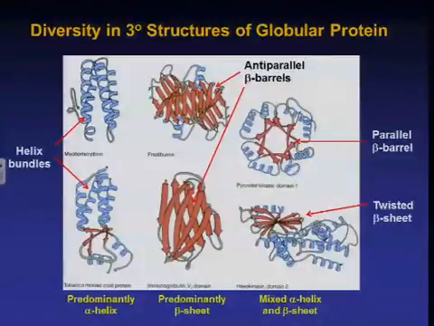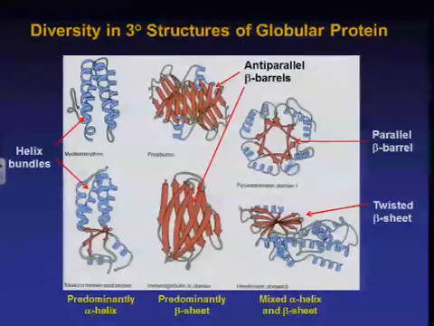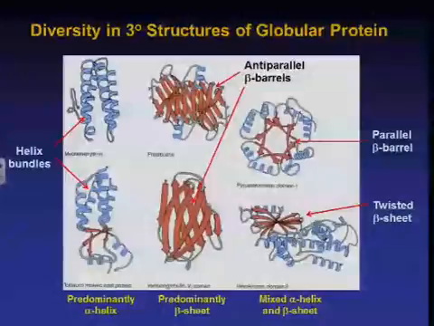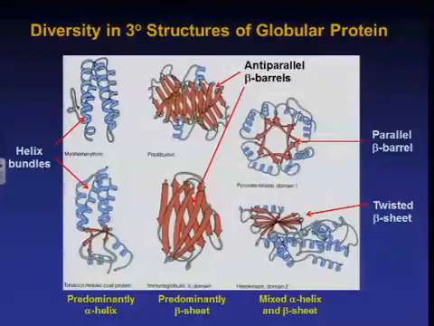In this case, these are examples of proteins which have a good mix of both helices and beta sheets. And the major thing is to see that you can determine whether something is parallel or anti-parallel by the arrows, right? If the arrows are going in the same direction with the interacting beta strands, then that is parallel. Opposite, anti-parallel.